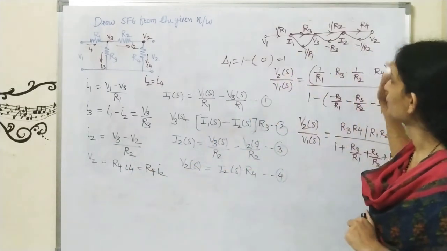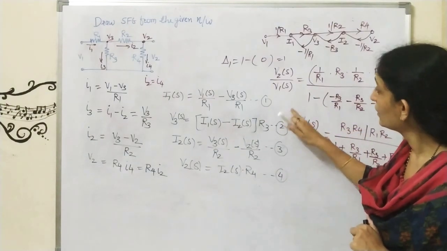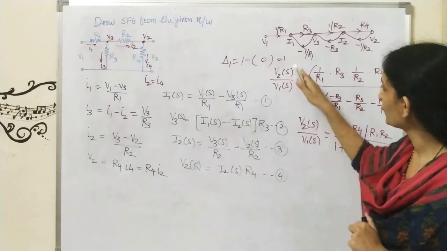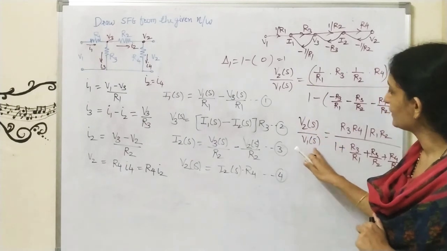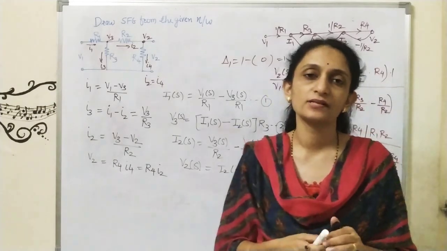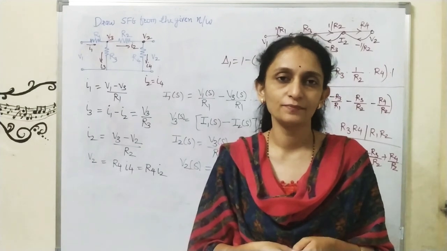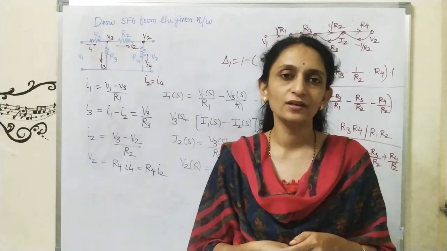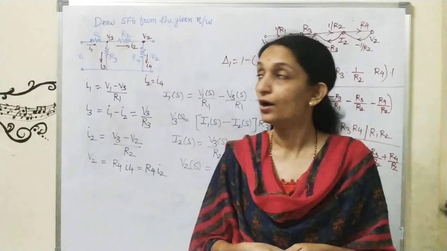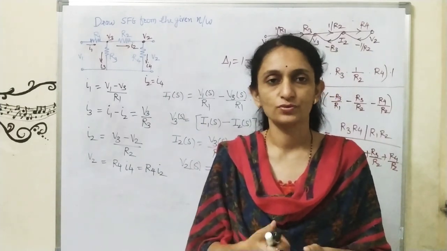Then we drew the SFG, then we rearranged the transfer function according to Mason's gain formula, and this is the transfer function, that is, the Laplace transform of output to the Laplace transform of input. So students, I hope you got the concept. This is very easy to get the transfer function from the circuit diagram using SFG. Thank you very much.